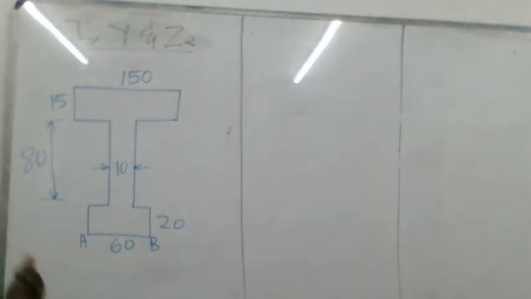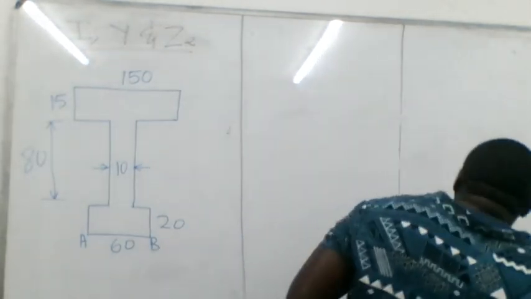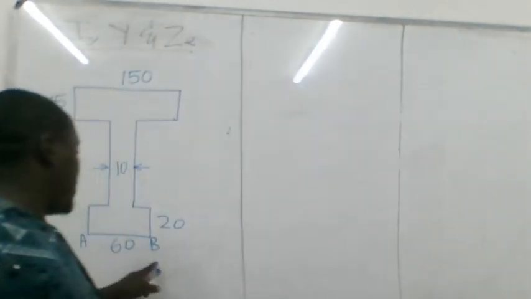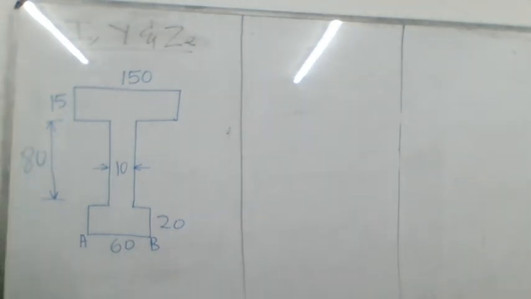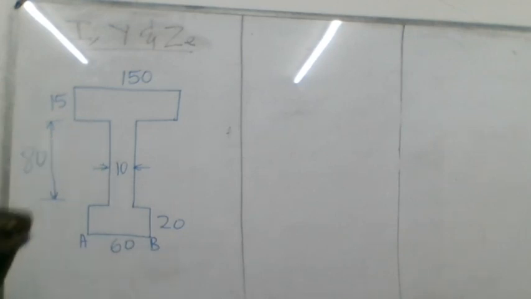Now this is the member we have. How do we proceed from here? So we have got AB. The first thing we need to do is to find where is the central position of this member.